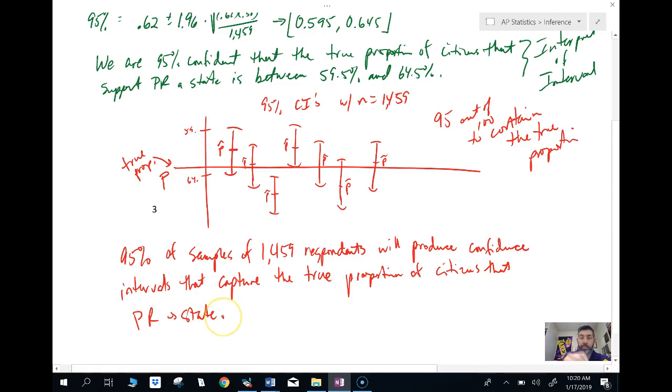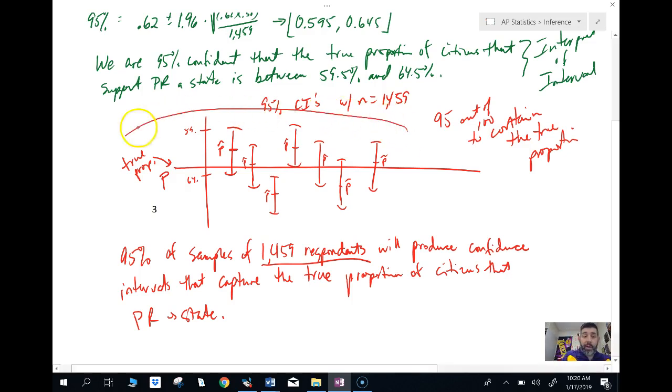I know I'm abbreviating here because I'm in a hurry. But this is what I'm talking about: 95% of the samples of the same sample size are going to create confidence intervals that should capture the true proportion of citizens.